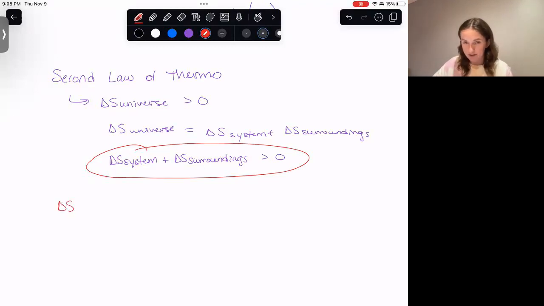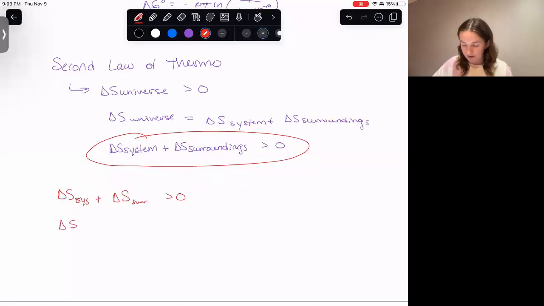So you can have delta S of the system and delta S of the surroundings both be greater than 0, right? Both of those can be getting more chaotic, and therefore the universe is increasing, because that upholds that statement. You can have delta S of the system getting smaller, less than 0, but now the delta S of the surroundings is greater than 0, and it's larger than the amount the system got smaller.